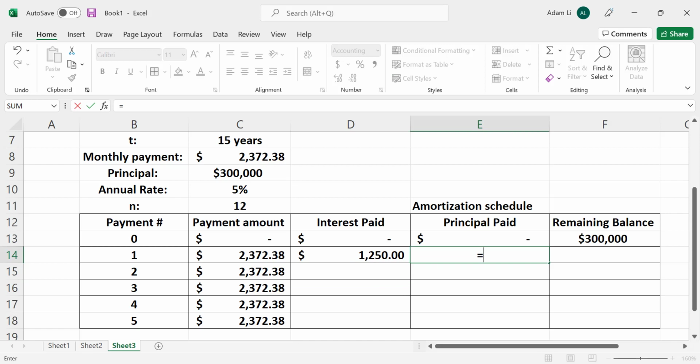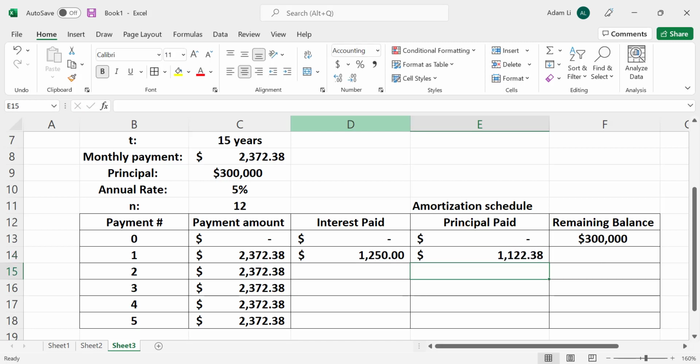If you look at the principal paid, your total payment is $2,372.38. You're paying $1,250 towards the interest. So the principal paid is a lot more, right?